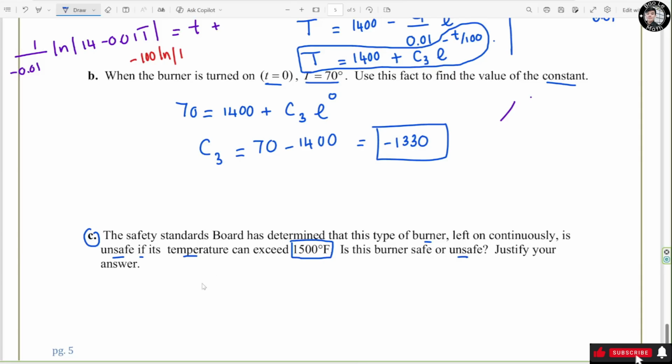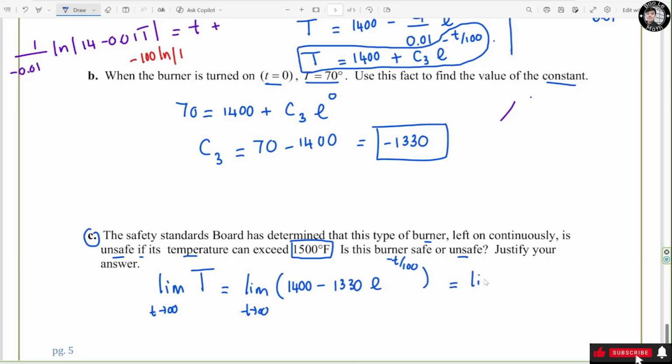Alright, so basically, you need to take the limit of this guy right here, when little t approaches infinity, of 1400 subtract 1330 e to the negative t over 100.